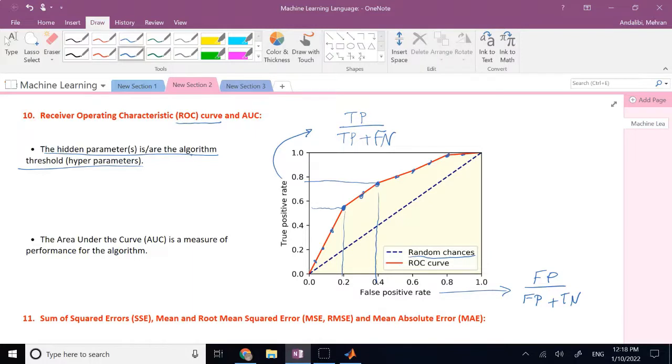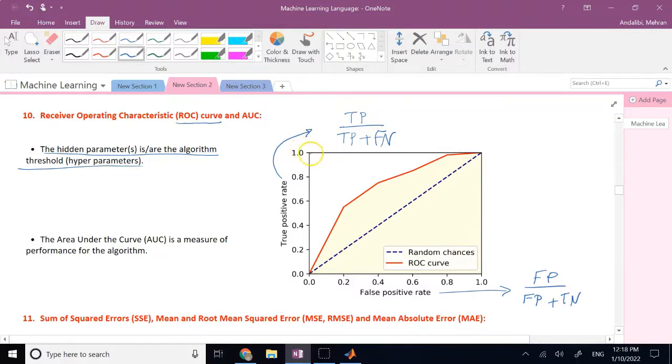Good? So now what? Fine. I found this curve. How can I use this curve to talk about the performance of my algorithm, or how do I find whether the threshold I used is a good threshold or not? First of all, what's the ideal case?